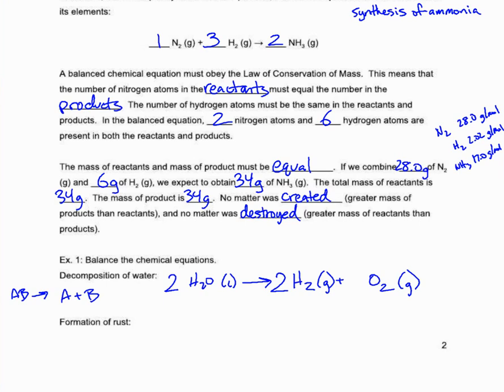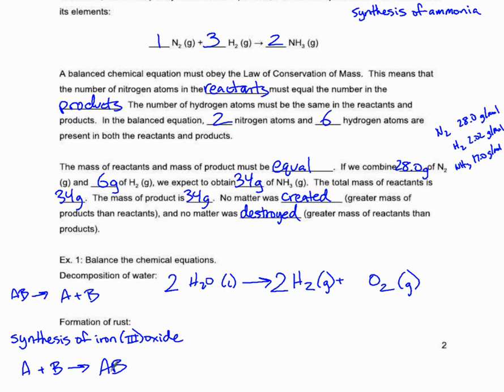Then the formation of rust. And the formation of rust, put in more chemistry terms, is the synthesis of iron 3 oxide. And remember, synthesis is when you have 2 smaller reactants creating one larger product.